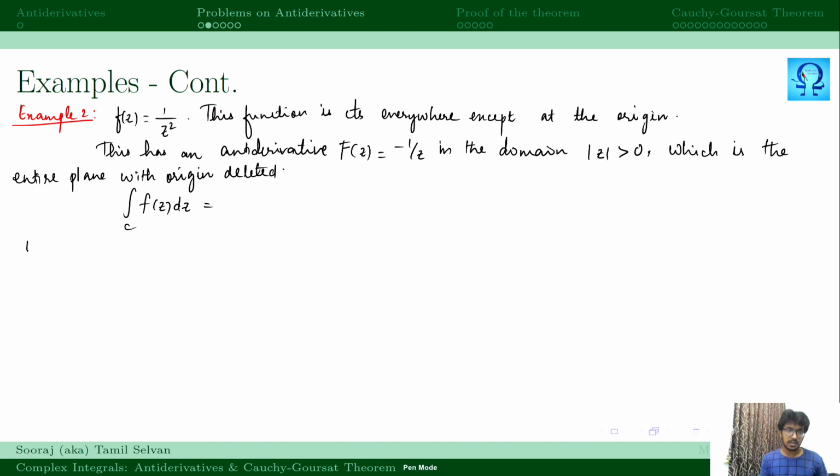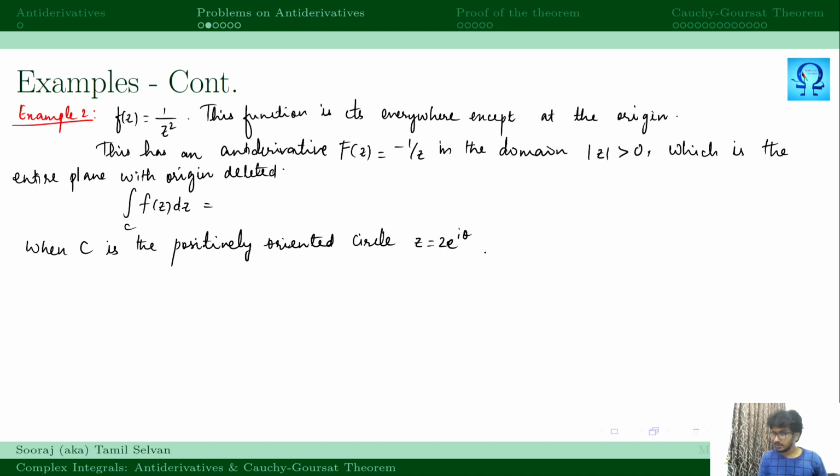First of all, let C be the positively oriented circle z equals e to the power iota times theta, where theta lies from minus pi to pi, about the origin.